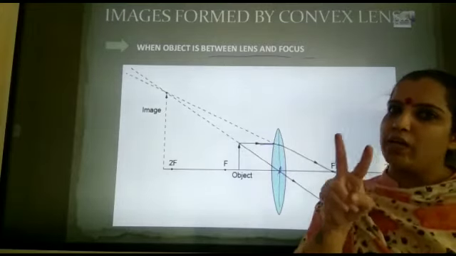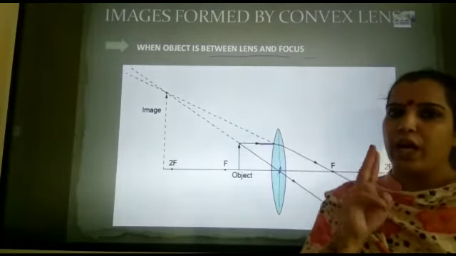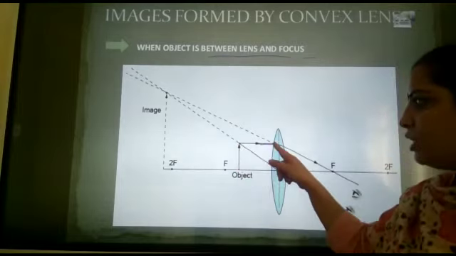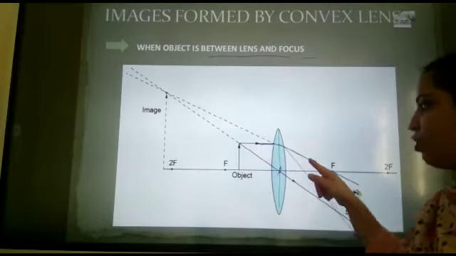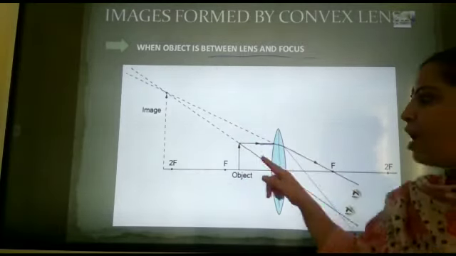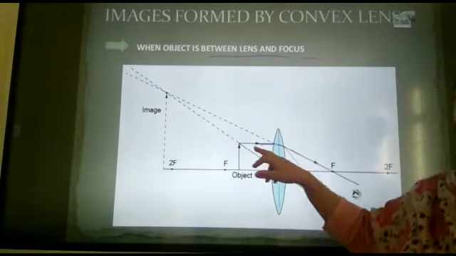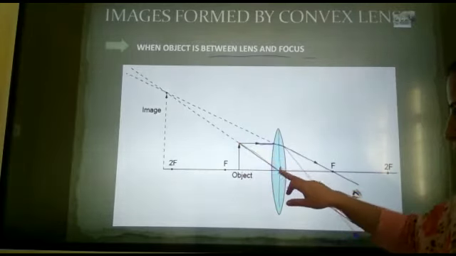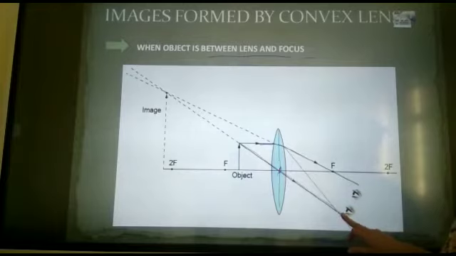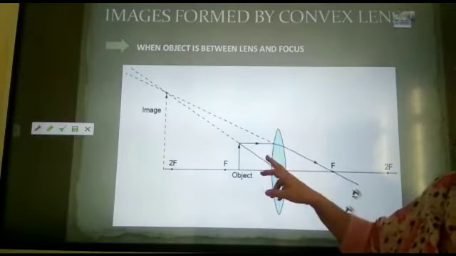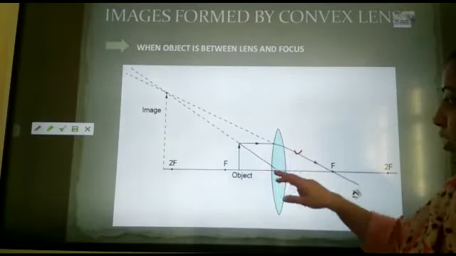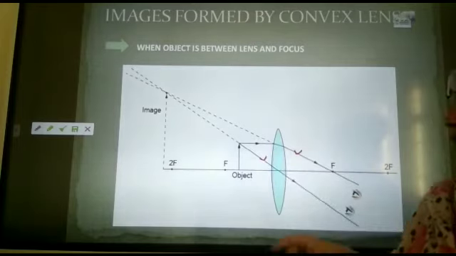You have to remember, these 2 light rays only will make the ray diagram. One is coming and bending from here and passing from the focus, the other comes straight and passes through the center. So these are the 2 lines that I am talking about. This is the one line, this is the second line.